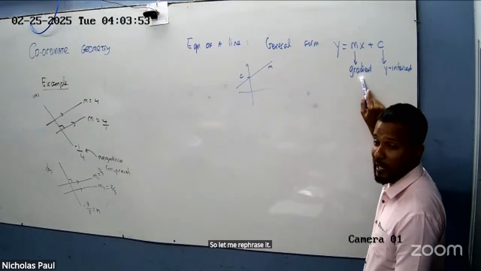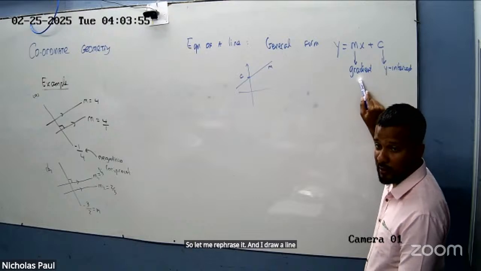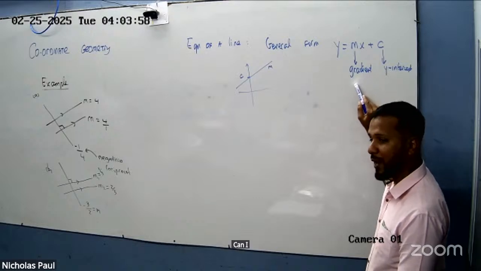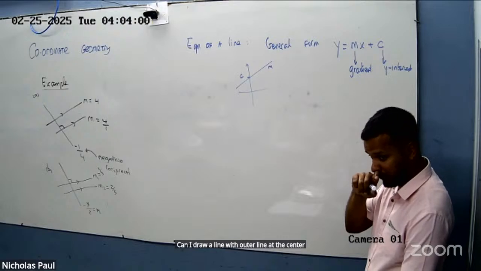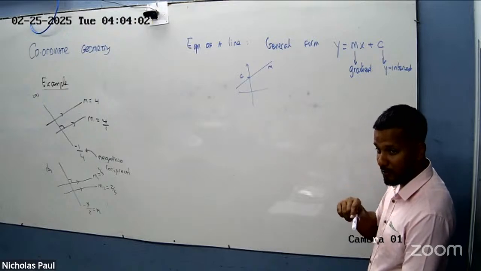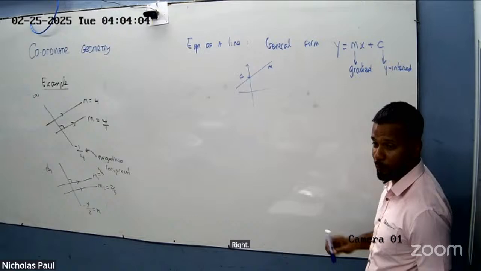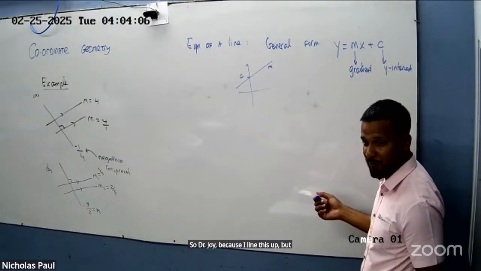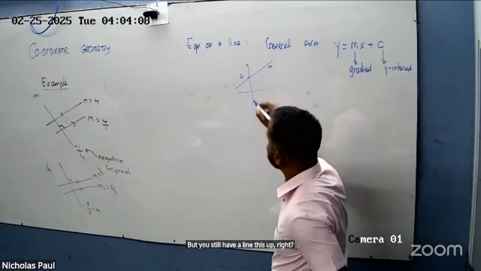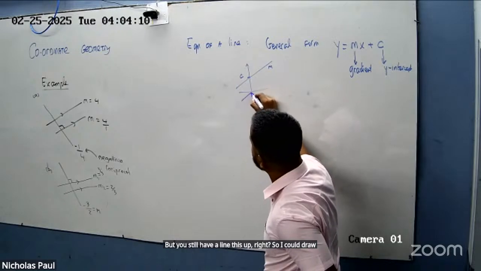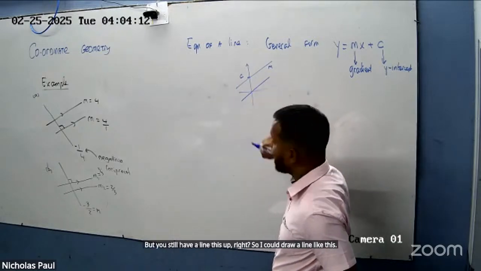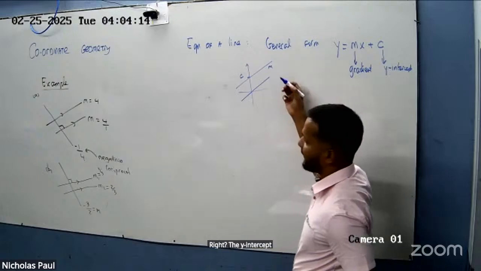Can I draw a line without a gradient? Can I draw a line without a y-intercept? Right? So I could draw it without a y-intercept, but it still has a y-intercept, right? And the y-intercept is 0. So I could draw a line like this, right? The y-intercept is 0 and it has a gradient.